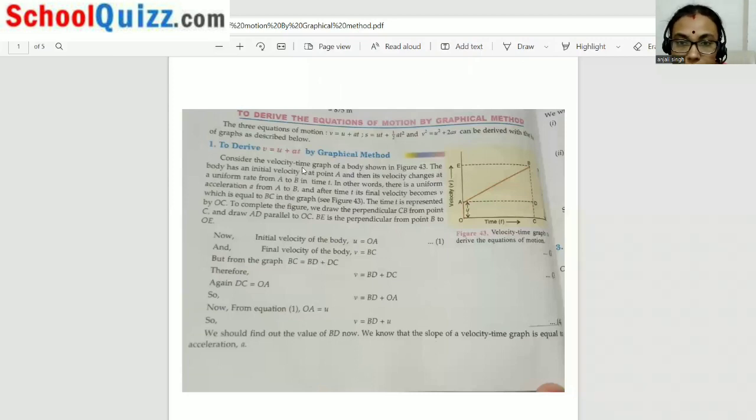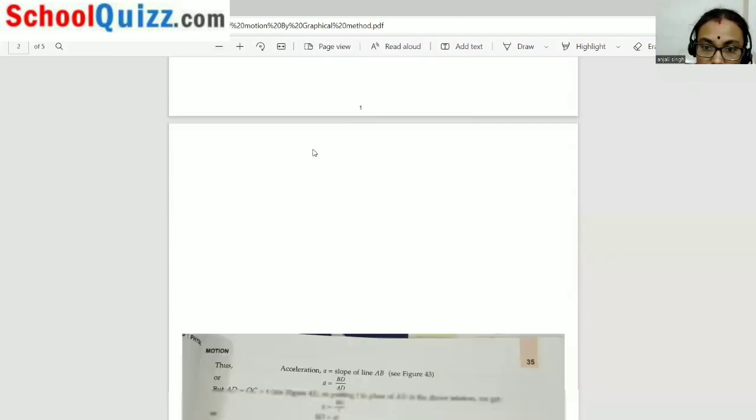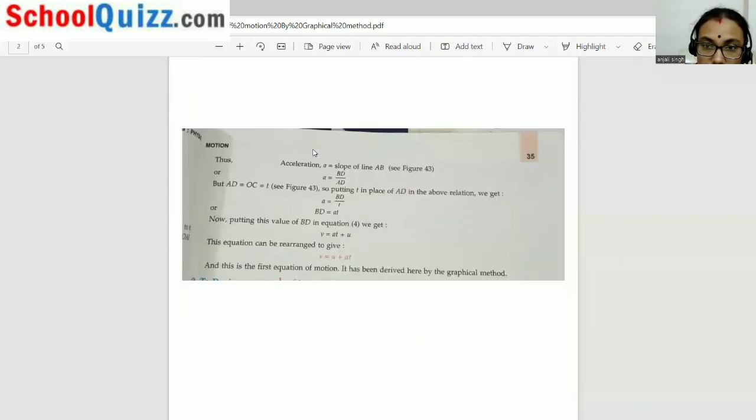Now, in the next slide, here you can see A is equal to BD upon AD. How is it? Acceleration means the slope of AB.